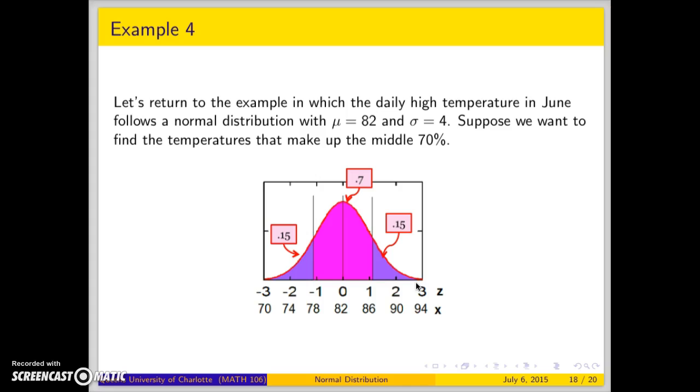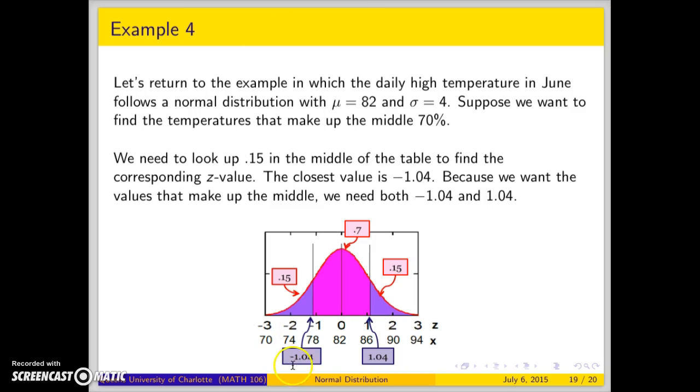So we get 30% divided by 2, which gives 0.15 on both tails. And again, we have our x's and z's down below along the horizontal axis. If we look up 0.15 in the middle of the table, the closest z value you get is going to be negative 1.04, which means the positive one is 1.04.